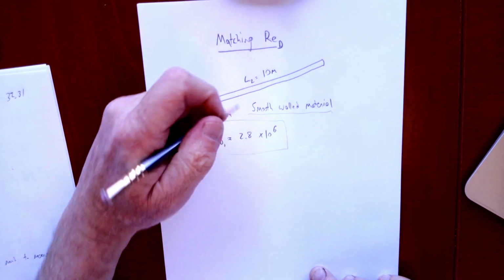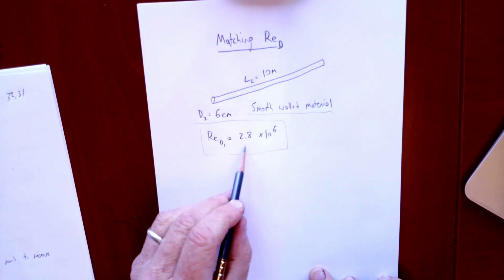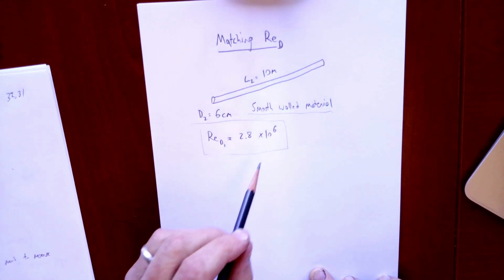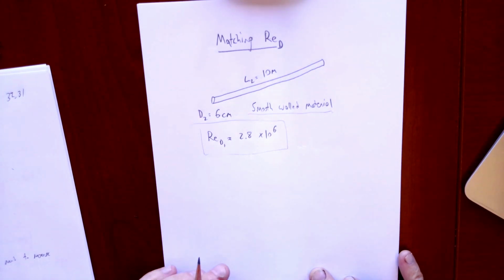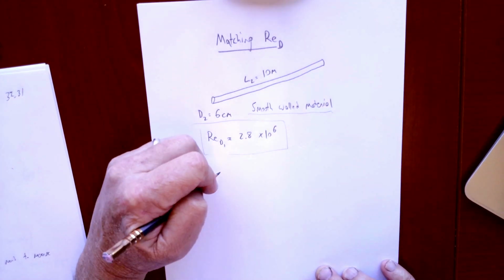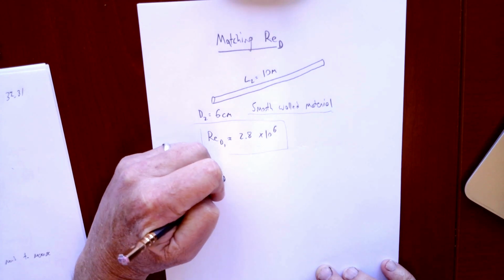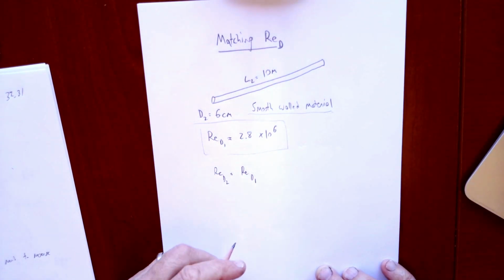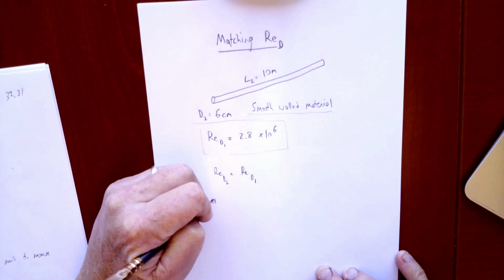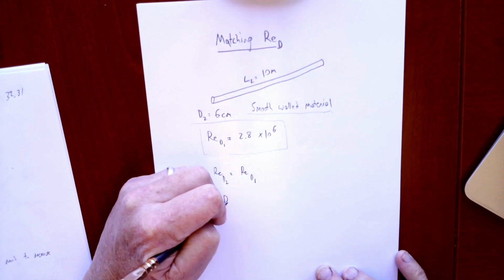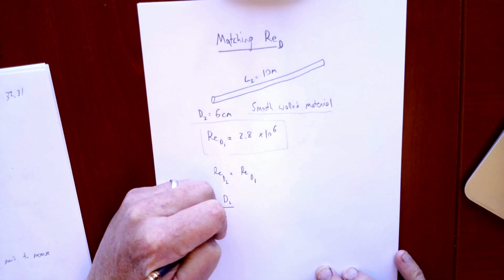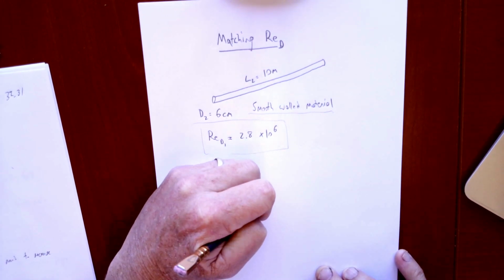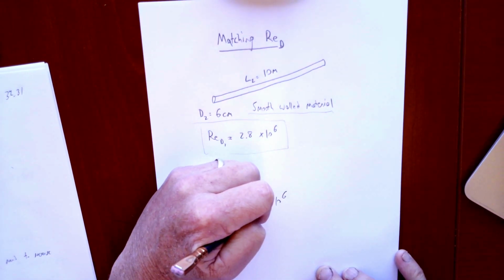And the Reynolds number for the first pipe, the one we're trying to simulate, is 2.8 times 10 to the sixth. So in order to do that, we have to, of course, have Re based on D2 equal to Re based on D1. So we're going to have U2 times D2 divided by nu2 is equal to 2.8 times 10 to the sixth.